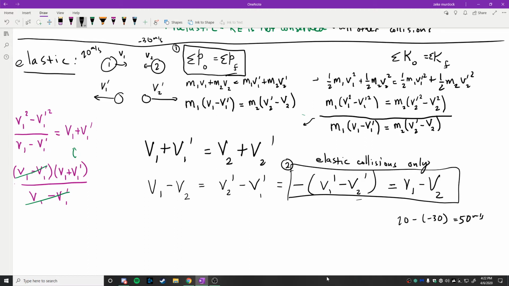What does 50 meters per second represent? Does anyone know? I've got a ball that moves to the right at 20. It's about to collide with the ball that's coming towards it with a speed of negative 30, right? And I get the answer 50 from the right-hand side of this equation. What does that represent?